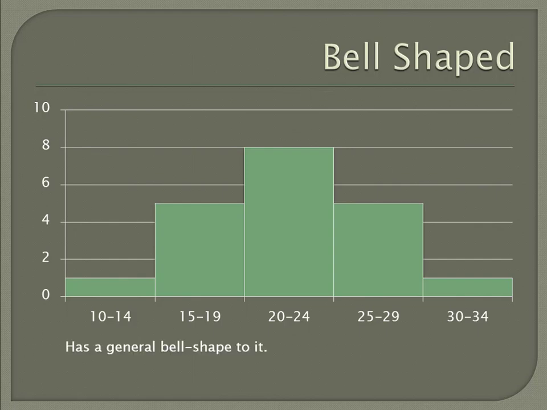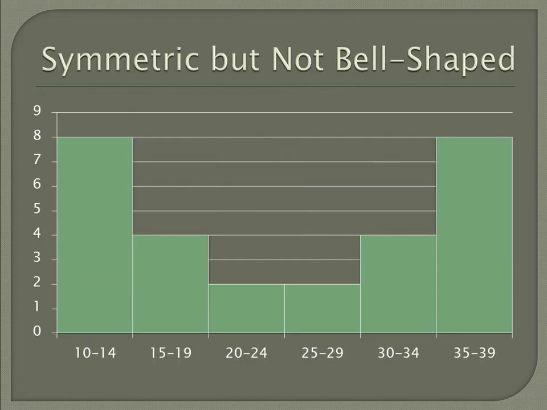But it has a general bell shape to it if you kind of picture that. Anything that's symmetric but has another type of shape, we generally just call non-bell shaped. Simply because there's lots of different ways you could have symmetric data, but bell-shaped and uniform are really the most important types.